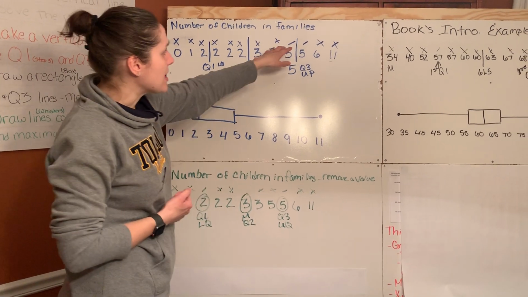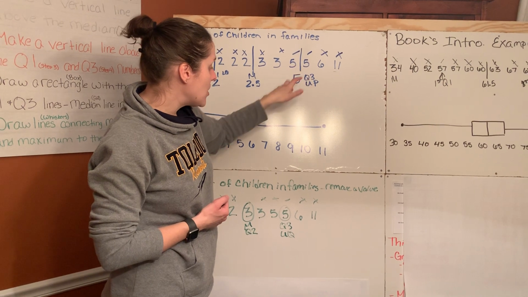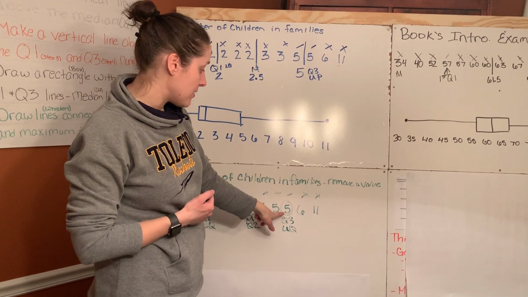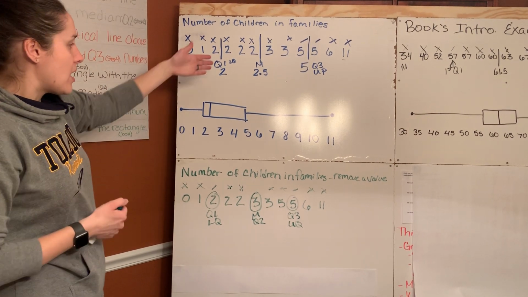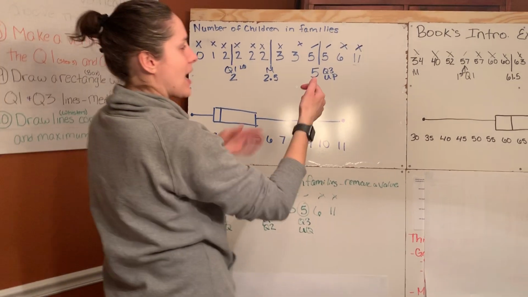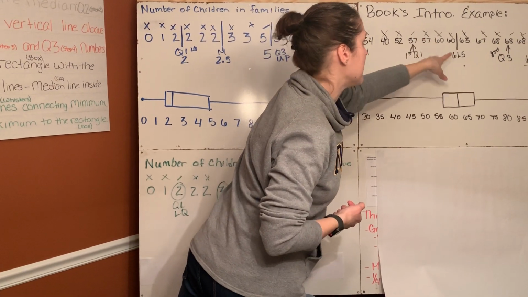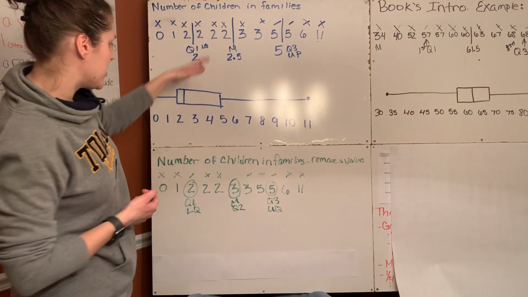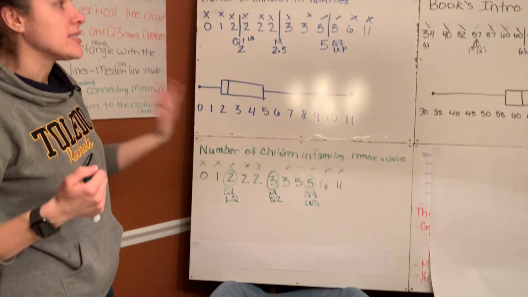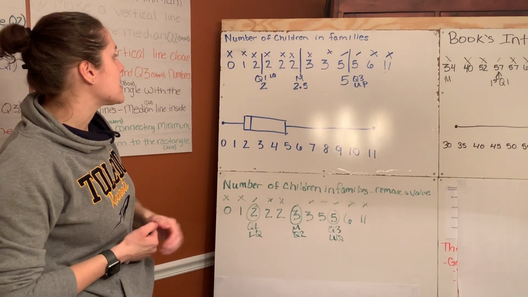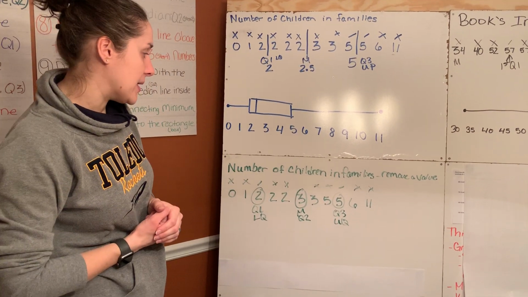And the upper quartile, instead of being between two 5's, was exactly a 5. Everything shifts a little bit when you remove a value. Sometimes our quartiles and medians can be betweens or right-on numbers. So just make sure you're constantly counting how many are on both sides to get the exact one.